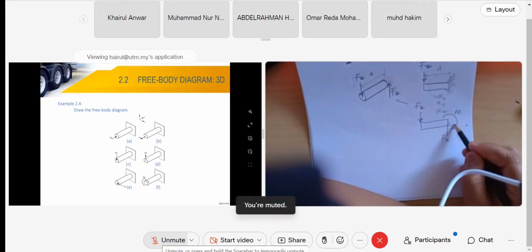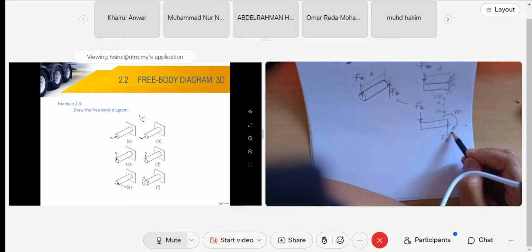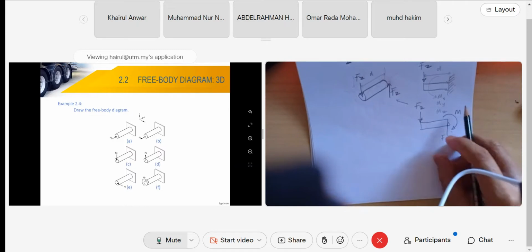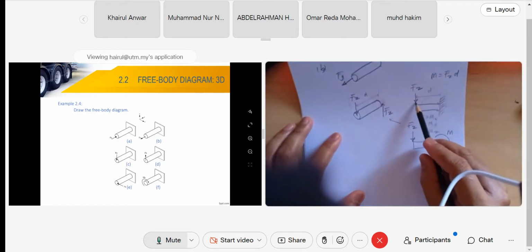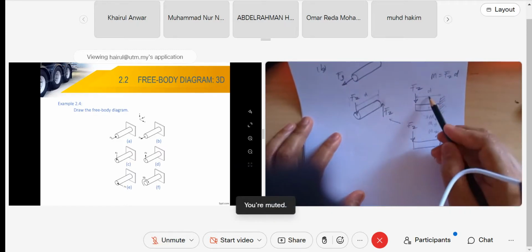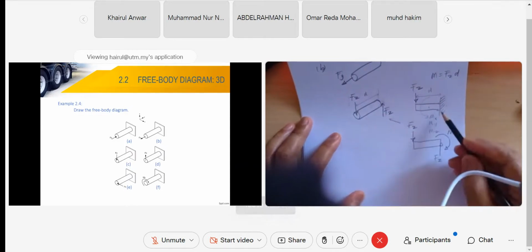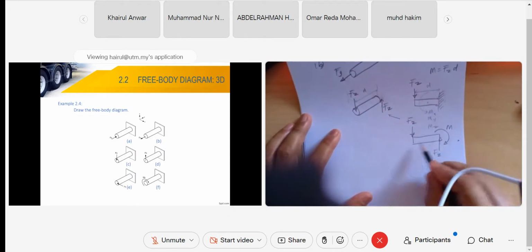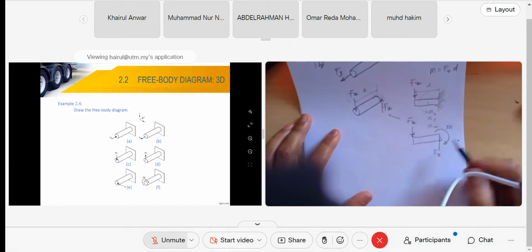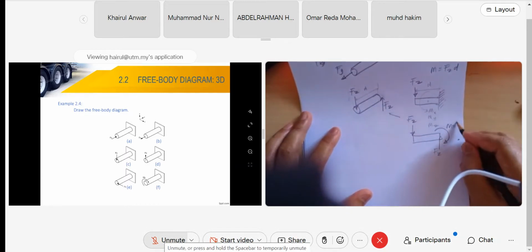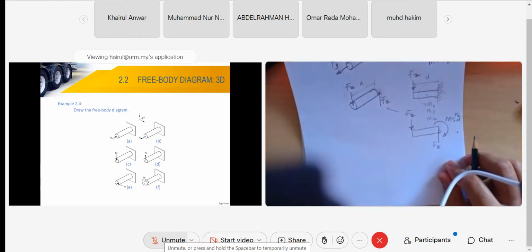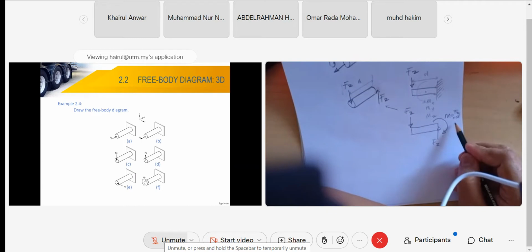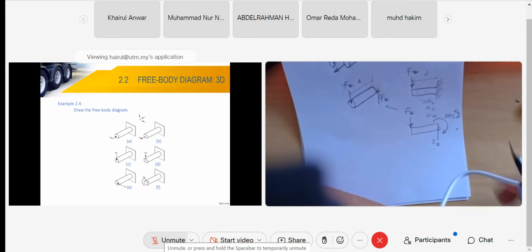The moment should be counter react. If you look from the right side, Fz times the distance produces clockwise, but if you remove the free body, this one has to be a counter react moment. Moment is Fz times the distance.